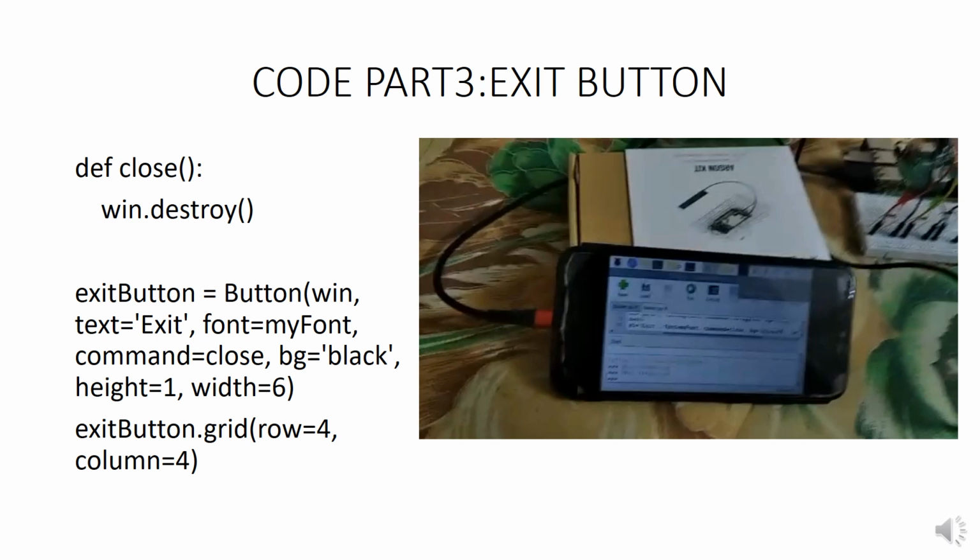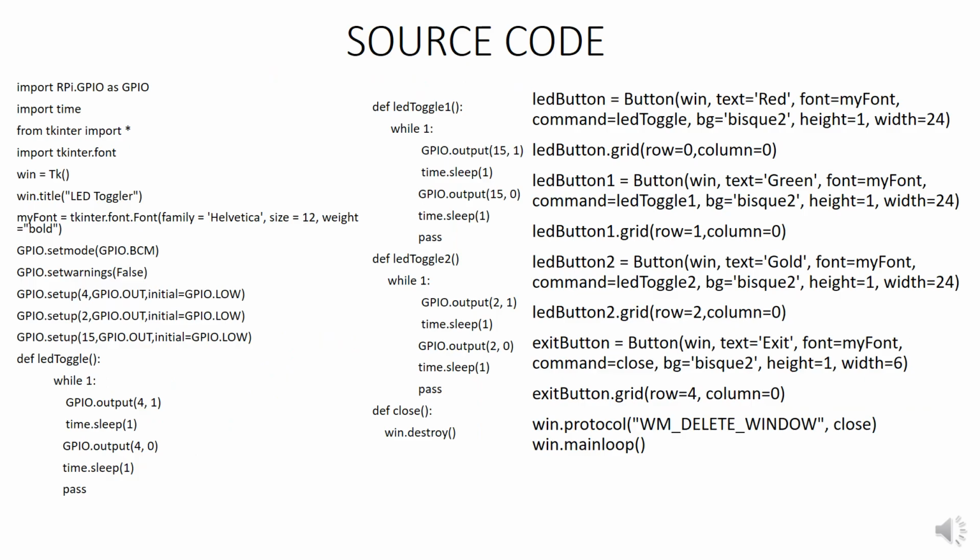Here you can see I am creating an exit button labeled as exit, setting the height and width, positioning it at row 4, column 0, and then the function called is close off, and the work of the function is to destroy the GUI using window.destroy.